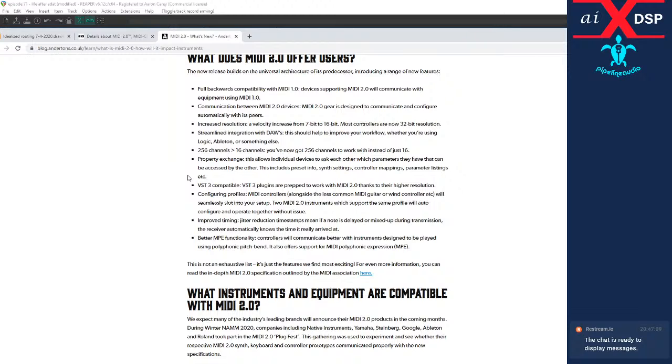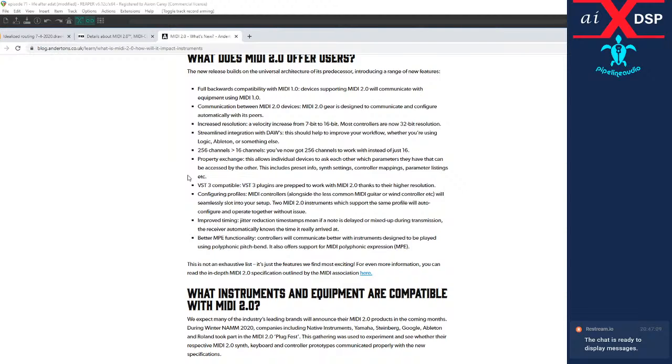But here's from Anderton's. MIDI 2.0 is supposedly fully backwards compatible with MIDI 1.0, the MIDI that you've known since forever. MIDI 2.0 gear is designed to communicate and configure automatically with its peers. I have no idea what that means. Maybe it's because of one of these other features.